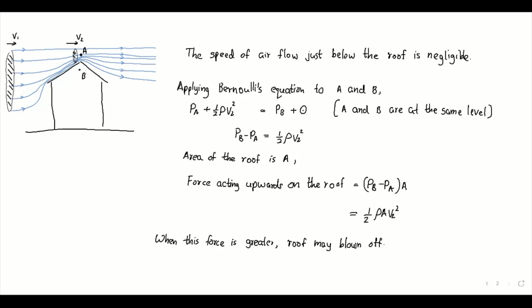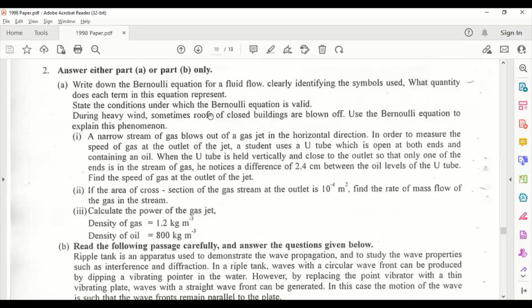Okay, so let's get back to the question and let's see what they ask us. A narrow stream of gas blows out a gas jet in the horizontal direction. In order to measure the speed of the gas at the outlet of the jet, a student uses a U-tube which is open at both ends containing an oil.